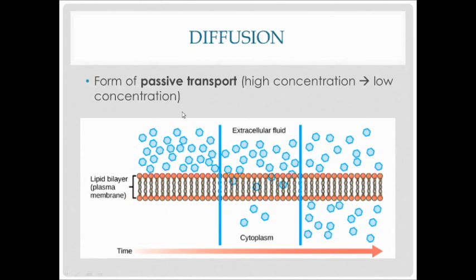So these solutes will want to diffuse through the plasma membrane and into the cytoplasm until they reach a sort of equilibrium. They will always want to balance out, so everything will travel toward equilibrium. It'll be a dynamic equilibrium with some leaving, some coming in, but they always want to kind of balance out as much as they possibly can.